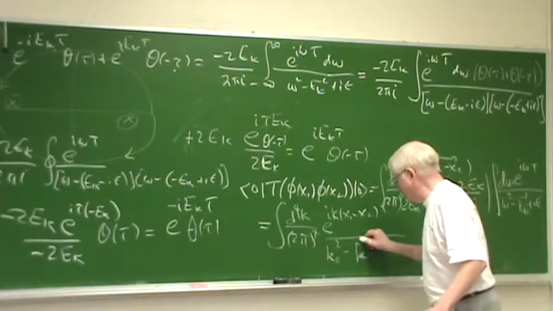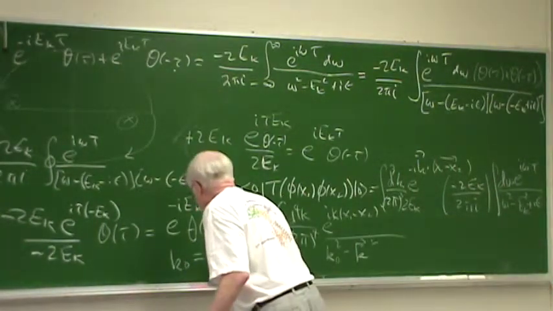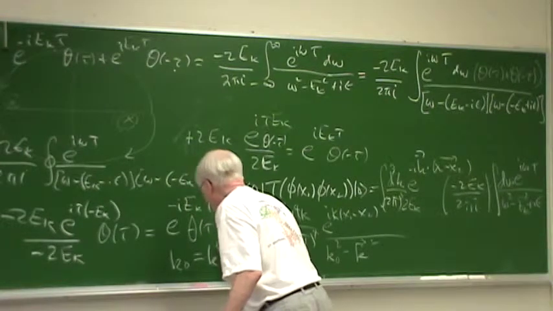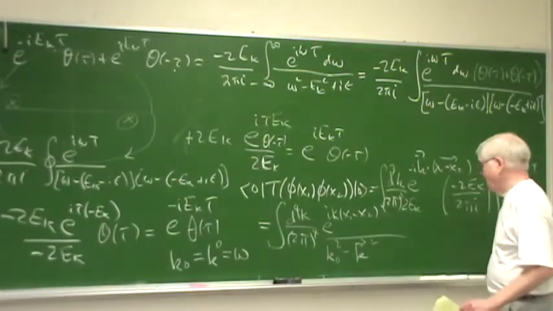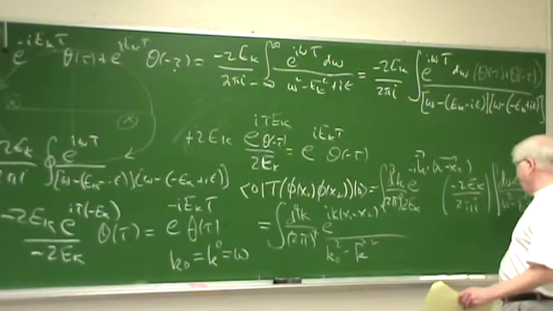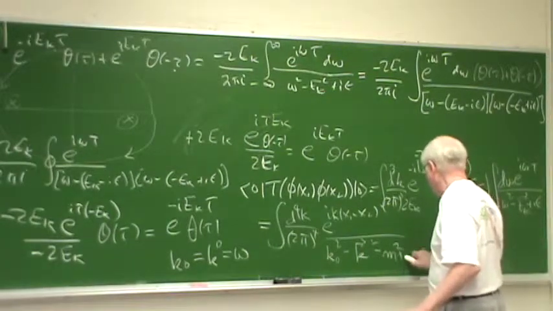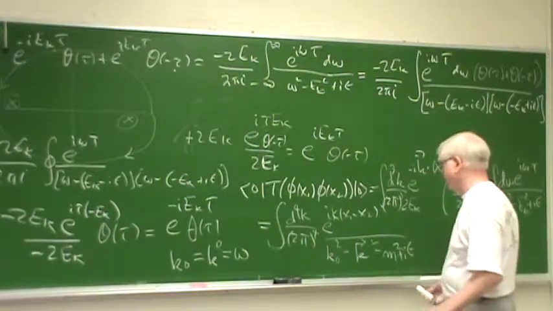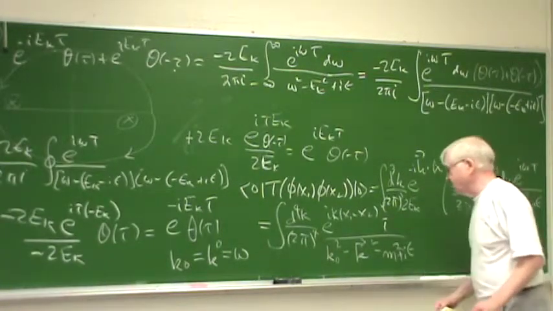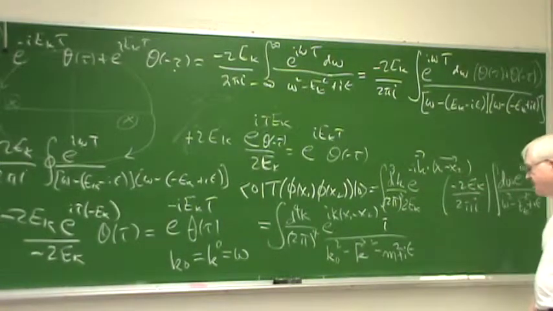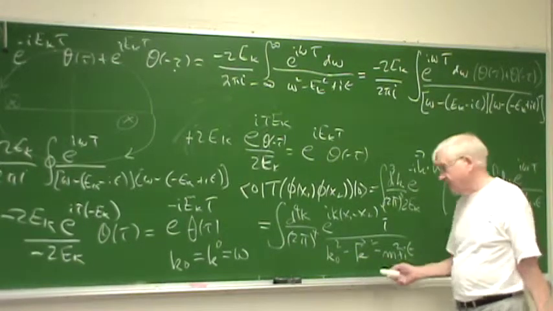That is k vector squared. In other words, we've set k0, which in Schwartz's metric is also k upper 0, equal to omega. And so this is k0 squared minus k vector squared minus m squared plus i epsilon. And then there's the minus i, which comes up and becomes plus i. This is just k squared, Lorentz k squared.